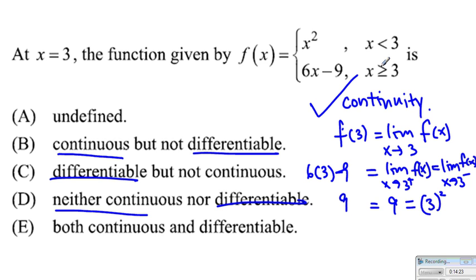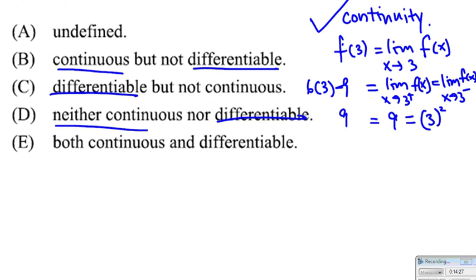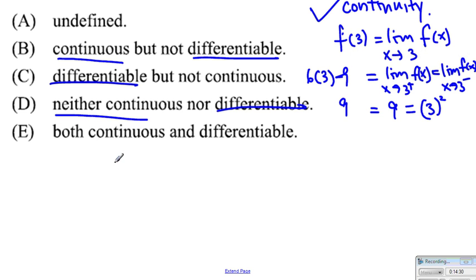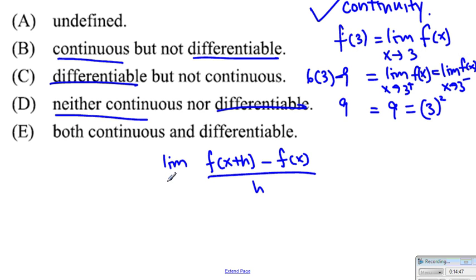But how do you figure out the differentiability? Differentiability is simply the definition right over here. Is this defined? As h approaches 0, but in place of x we have 3 now.